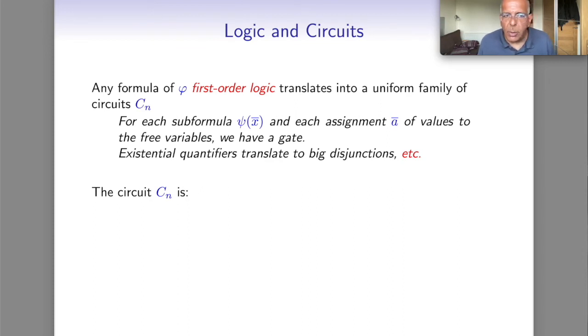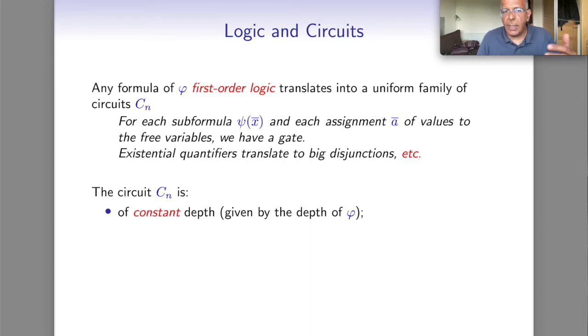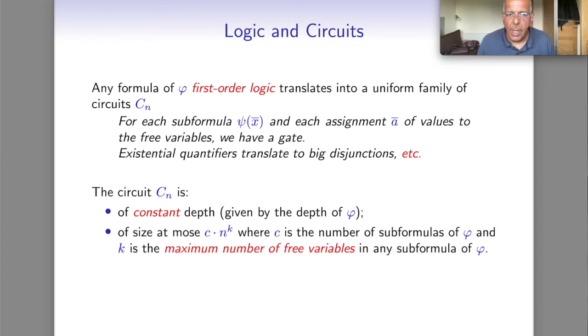If we carry out this translation, we observe that the circuit we get has constant depth. It's in fact given by the quantifier depth of the formula of first order logic we started with. And it has polynomial size. In fact, the size is bounded by c times n to the k, where n is the size of structures we're looking at. C is the constant bound on the number of subformulas of phi, so it's independent of the size of the structure.